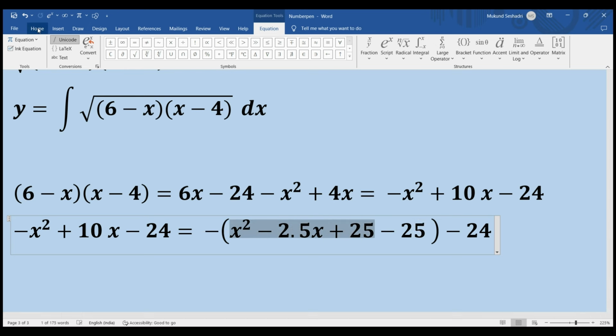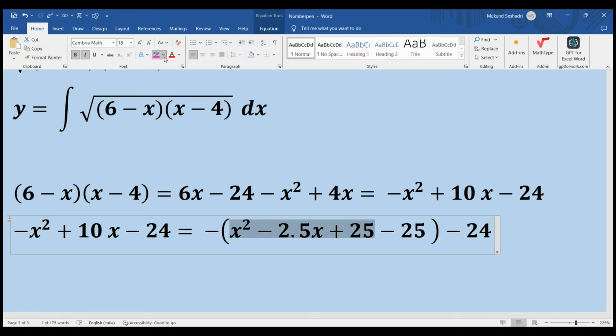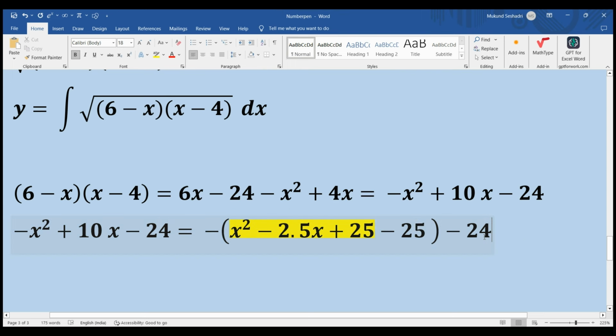It does not change the expression in any way, right? The term highlighted in yellow is nothing but your (x minus 5) the whole square, right?